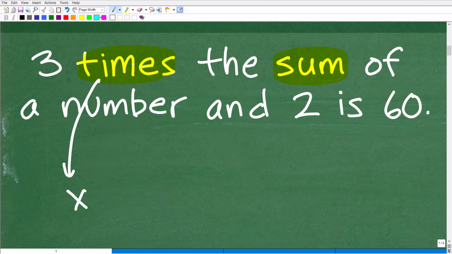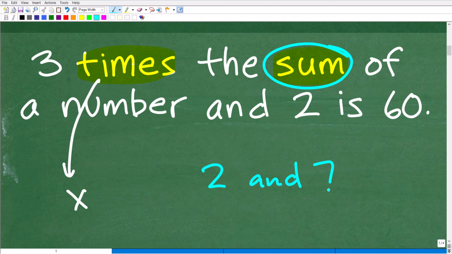Now we have to understand this word here. The sum: anytime you see the word sum or difference in mathematics, I'm going to tell you right now, you want to use parentheses. If I tell you the sum of 2 and 7, the sum of 2 and 7 would be 2 plus 7, but get in the habit of putting a sum or difference in parentheses.